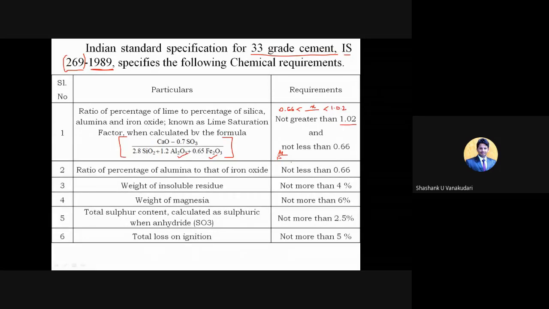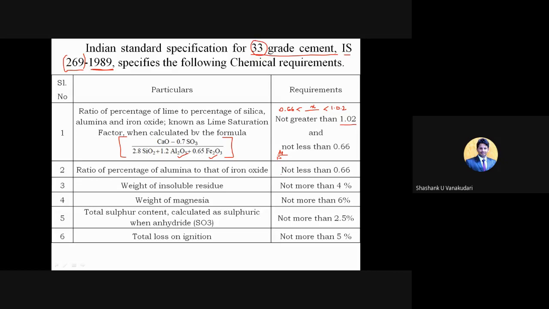Once you substituted these values, it should come more than 0.66, because the condition says that it is not less than 0.66, so whatever the value comes, it should be more than 0.66. Then only it comes under 33 grade cement.